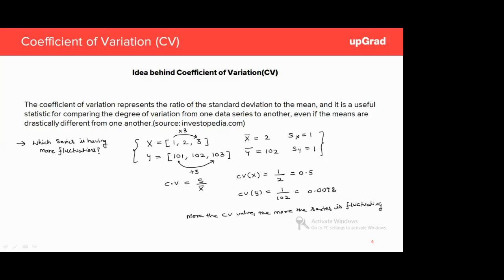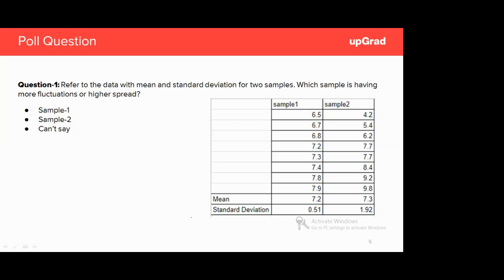Okay. Now everyone please get a pen and paper with you. This is the next question which you guys need to solve. There are two series that we have taken over here. Refer to the data with mean and standard deviation of two samples. Which sample is having more fluctuation or higher spread? We have the mean and the standard deviation for both the series. Please find out which series is more fluctuating.